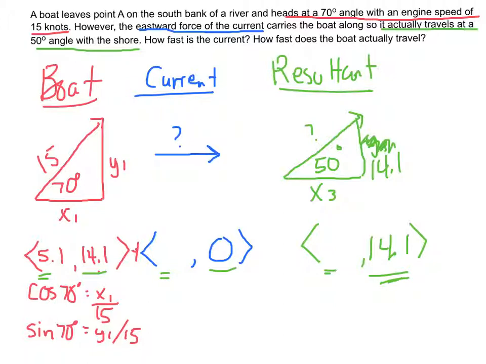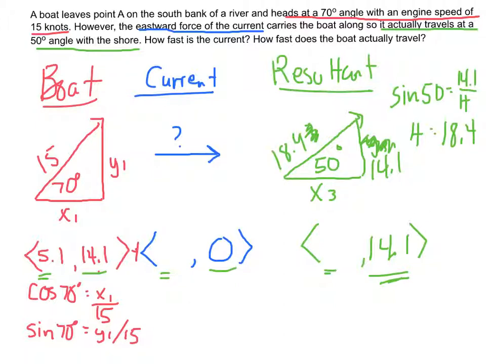I'm dealing with the opposite side, and I want to find the hypotenuse, so I'm going to use sine. So sine of 50 equals 14.1 over h for the hypotenuse. In my calculator, I take 14.1 divided by sine of 50, and that gives me my hypotenuse, which is 18.4.